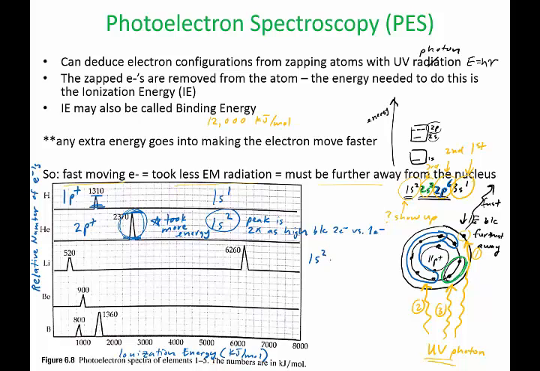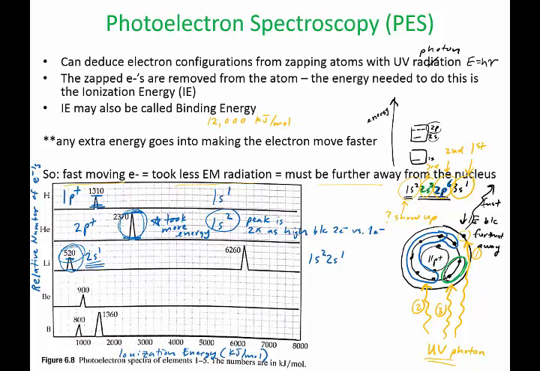So 1s2 and 2s1. So this hardly took any energy, and it's not that high. So this looks like one electron. This corresponds to the 2s1 electron, because it hardly took any energy because it's further away than the 1s. Okay, so that's what that peak is showing.